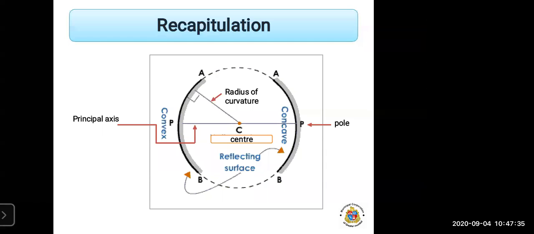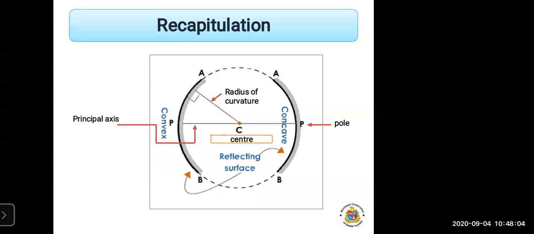The distance from the center to the circumference of the circle is nothing but the radius of curvature. So here C is the center and R is the radius of curvature.